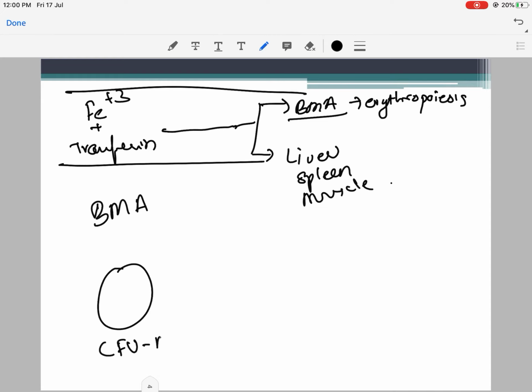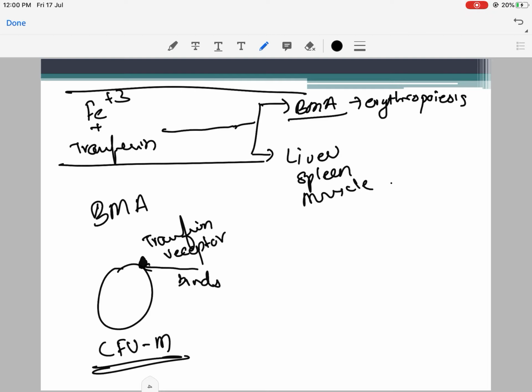So if it goes to bone marrow, in bone marrow there are cells, that is colony forming unit myeloid. These cells express one receptor, called the transferrin receptor. So this complex comes and binds to the transferrin receptor, and there is receptor mediated endocytosis.